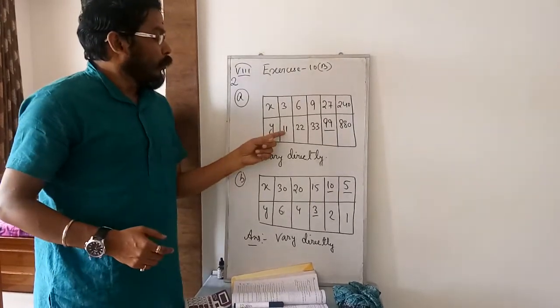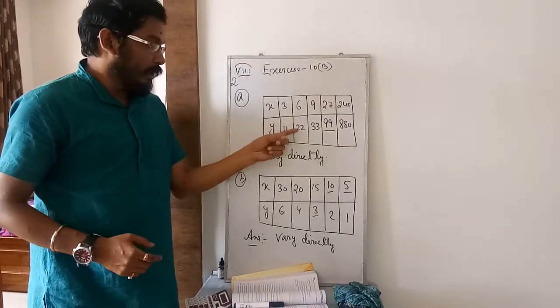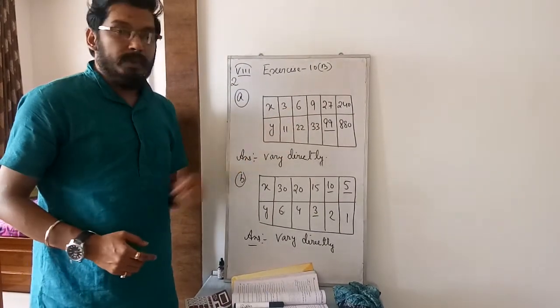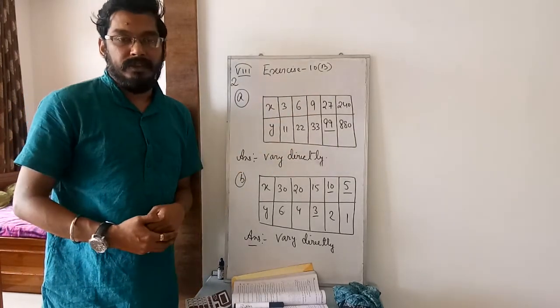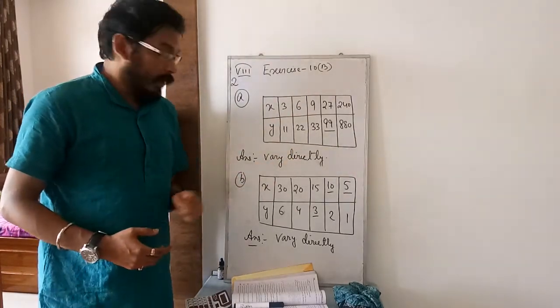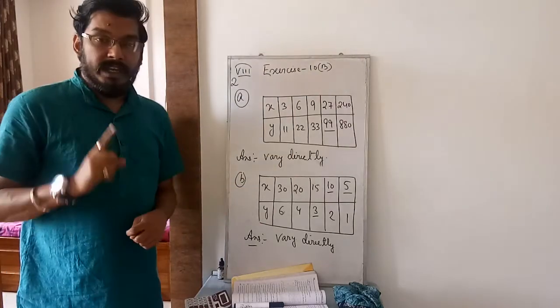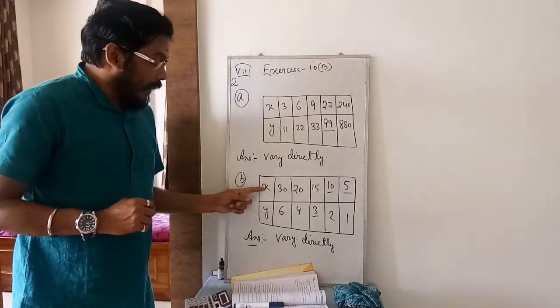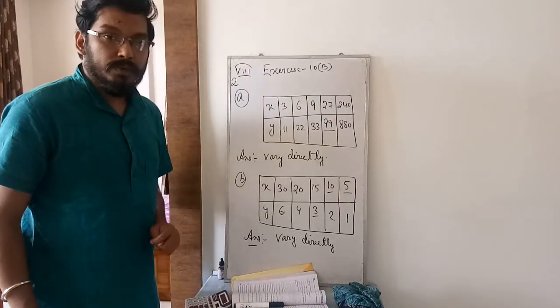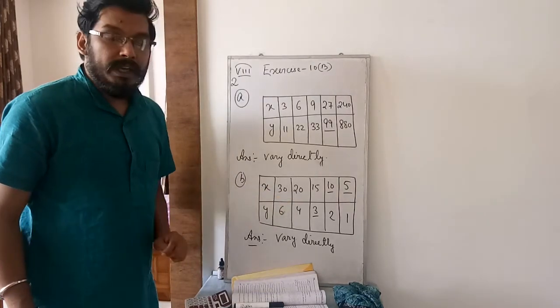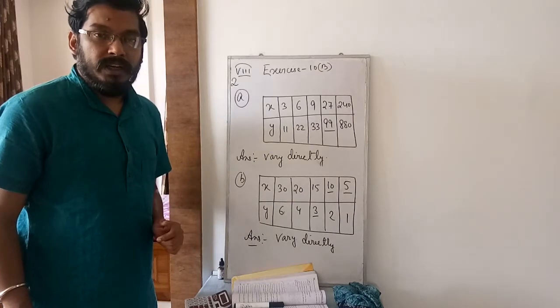So here y by x is 11 by 3. If I do y by x, 22 by 6, after cancellation you will get 11 by 3. So in every case you will get 11 by 3. So it varies directly. Here in this case, first I checked for inverse, x into y. 30 into 6 is 180, 20 into 4 is 80. So it is not inverse variation.